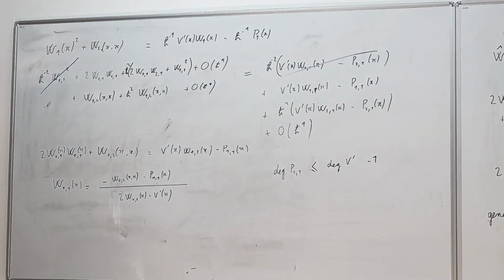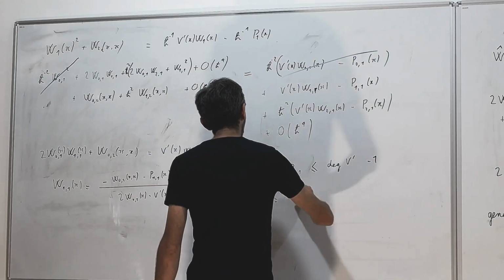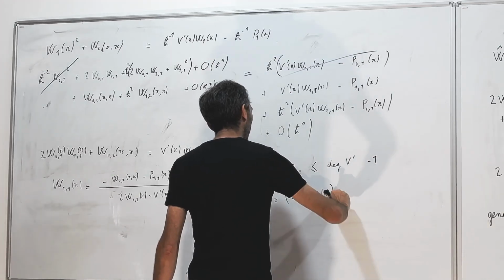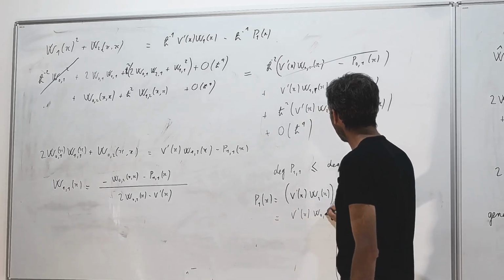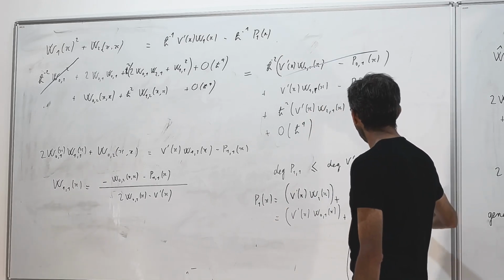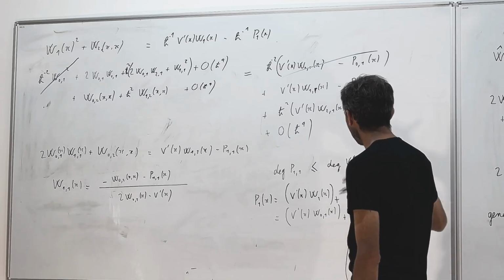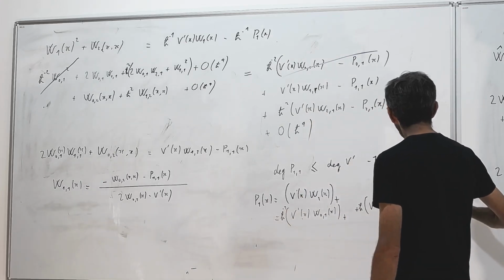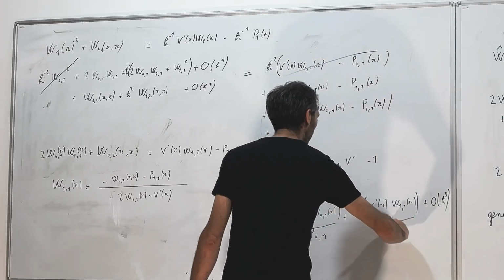But if you pay attention, remember that P1(x) was V'(x) W1(x), so it means that it was V'(x) W01(x) plus V'(x) W11(x), with h bar to the minus 1 and h bar, plus O(h bar cubed). So this one is P01, and this one is P11.